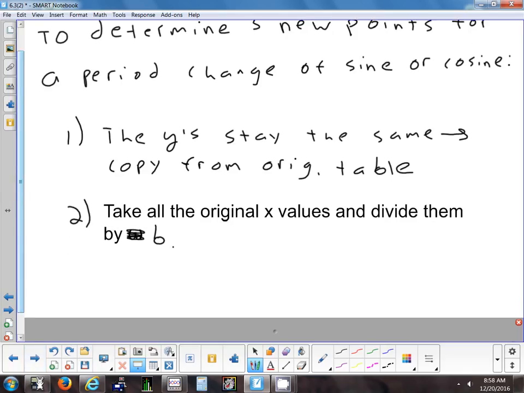Now, a lot of times it's going to be easier to think of it a different way rather than the way I have written there. Dividing by b is the same as multiplying by what? 1 over b. And that's going to be the way you want to think about it most of the time. Okay? So this is the same as multiplying by 1 over b.